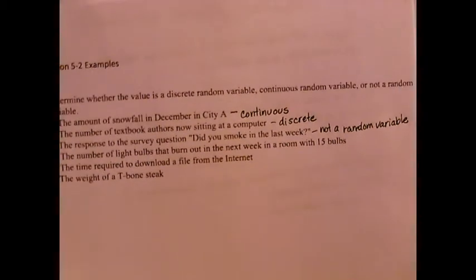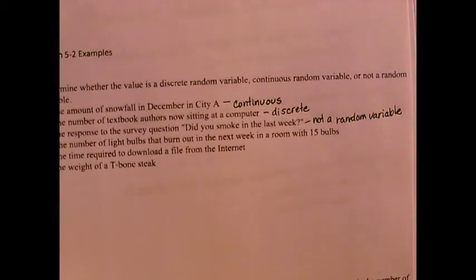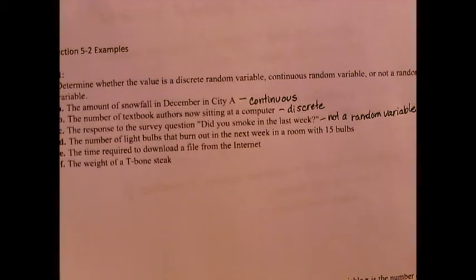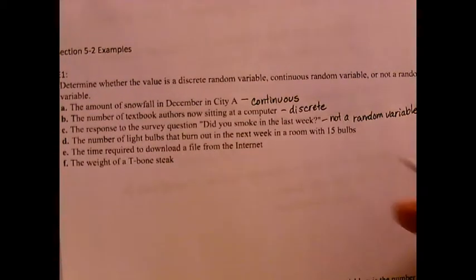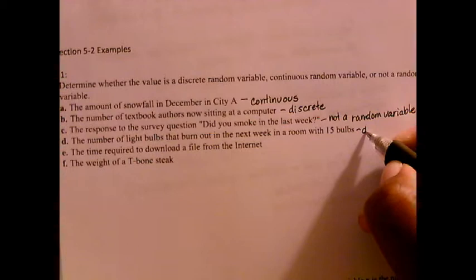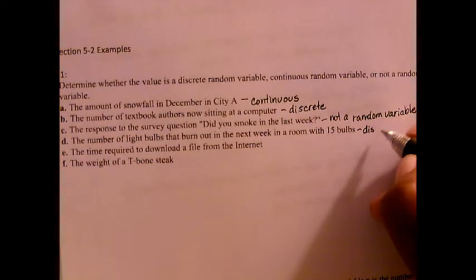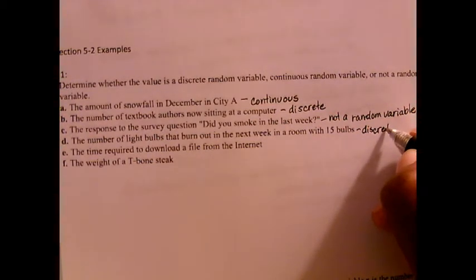Part D, the number of light bulbs that burn out in the next week in a room with 15 bulbs. That's discrete, because we can count how many light bulbs burn out.